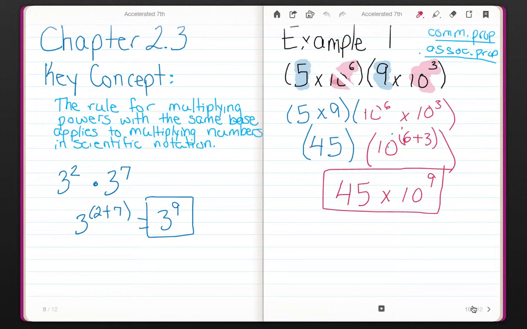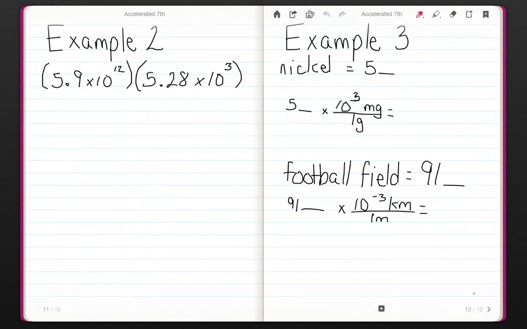Okay, example 2. Example 2 reads, a light year, the distance light travels in 1 Earth year, is about 5.9 times 10 to the 12th miles. A mile is 5.28 times 10 to the 3rd feet.